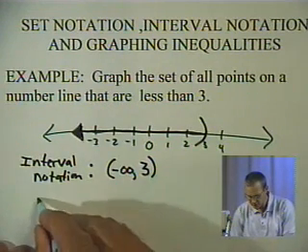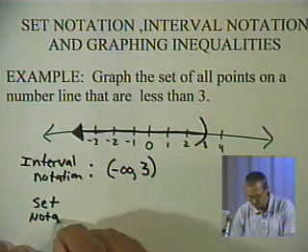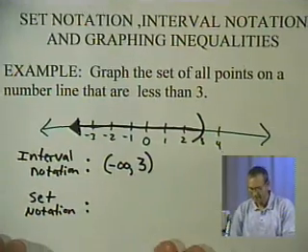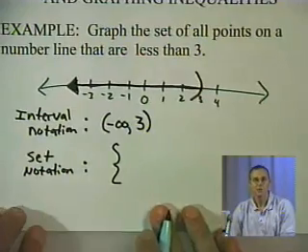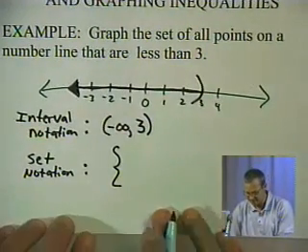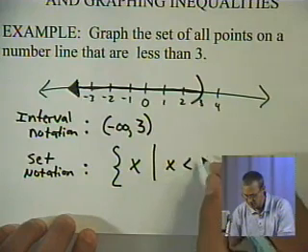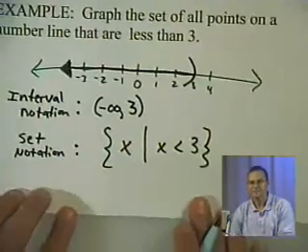There's another way to represent this same solution, and that would be in set notation. We'll start with a squiggly bracket to represent a set. I'll just write it out for you here, and then I'll explain what this means.